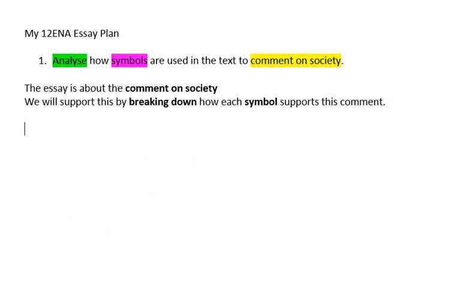Now, I'll use the text, The Red Bow, by George Saunders, as the example in this exemplar. So before I go back into the symbols and the guides, I have to ask myself, what is it that George Saunders is actually trying to tell us about society in his story, The Red Bow?